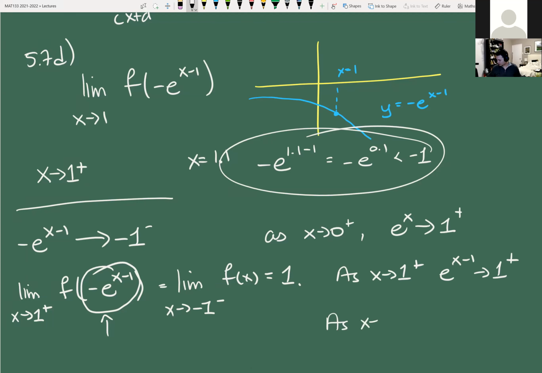So as x approaches 1 from the right, negative e to the x minus 1 approaches negative 1 from the left. If you want to do it without graphing, that's how you do it. You have to start with what you know, which is something about e to the x, and iteratively construct to what you're going for.